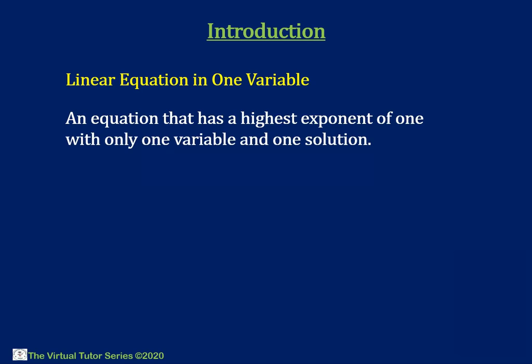The equations x - 4 = 0, 2x = x + 5, and 3x over 2 = 3 are all linear equations in one variable, and the variable or unknown value in each case is x.